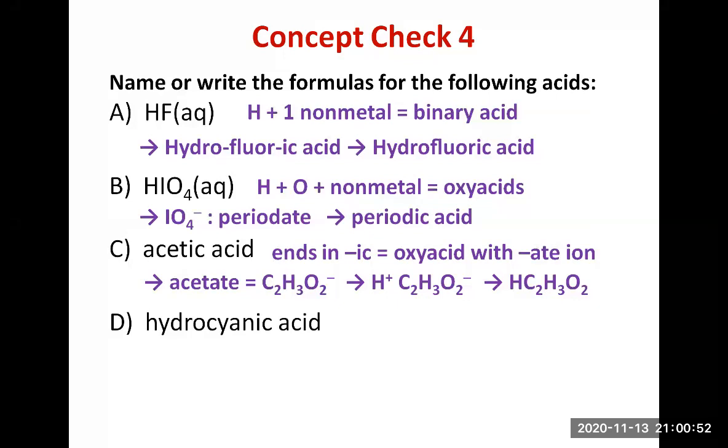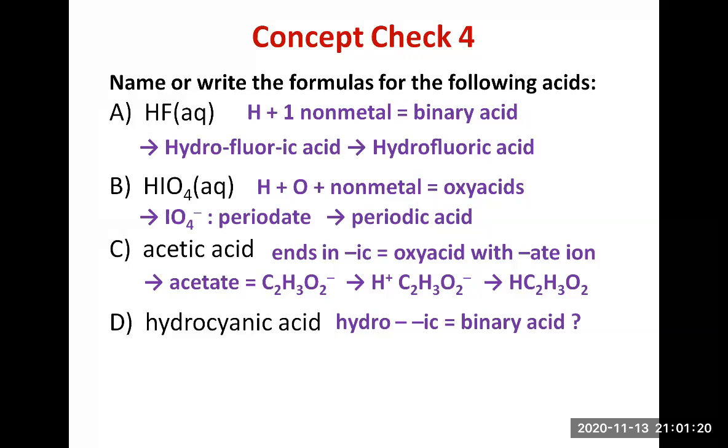Hydrocyanic acid. Here we see the prefix hydro, so that tells us it's a binary acid. However, cyan is not a root for a nonmetal element. It's not fluorine, bromine, chlorine, sulfur, phosphorus, nitrogen. It's not any of those.